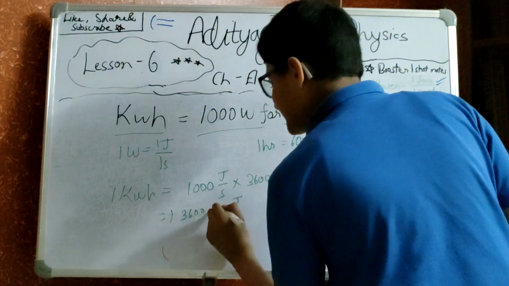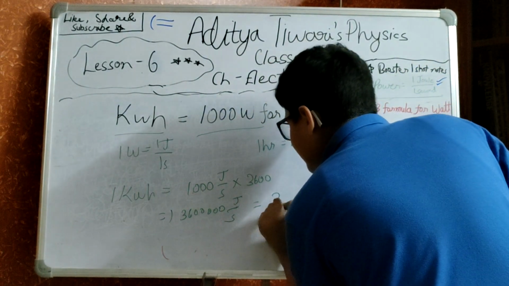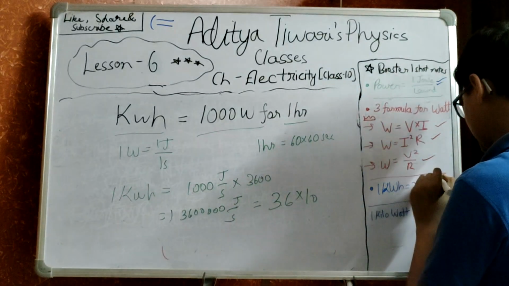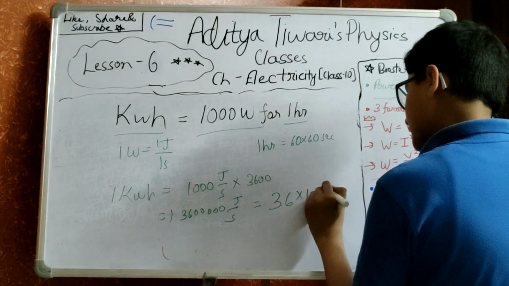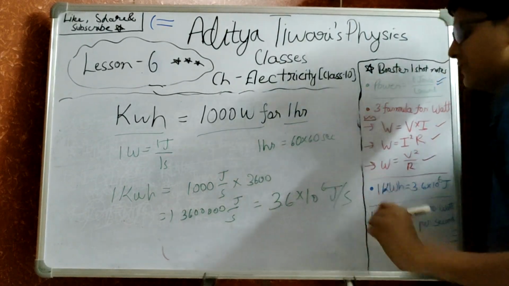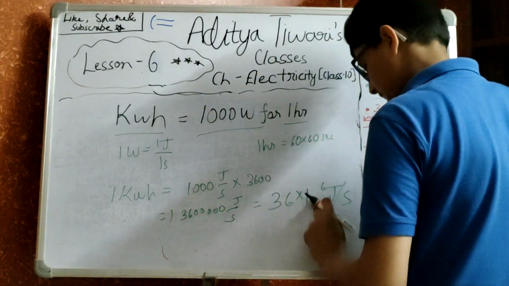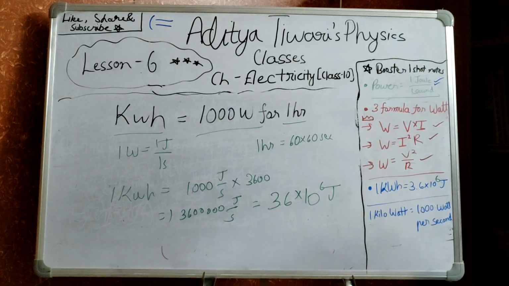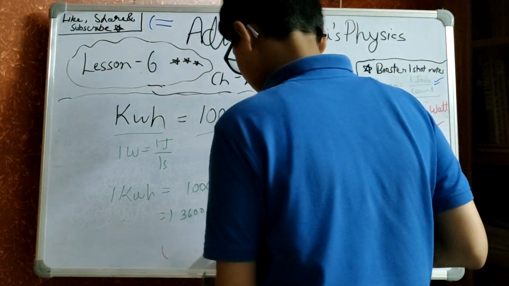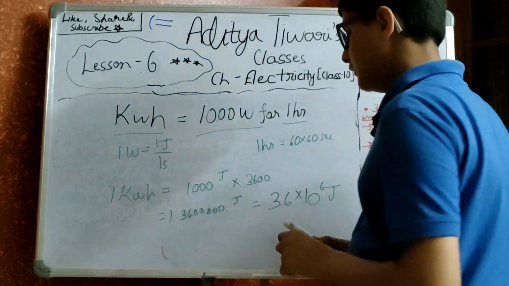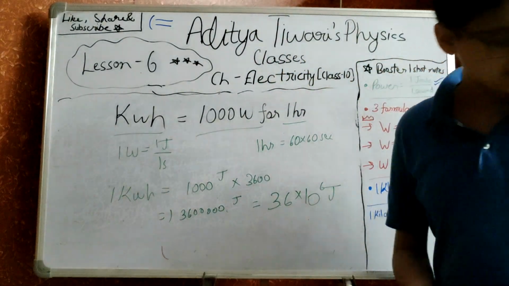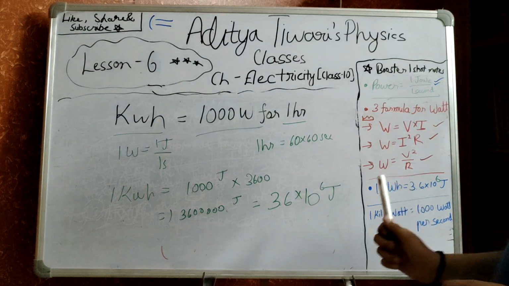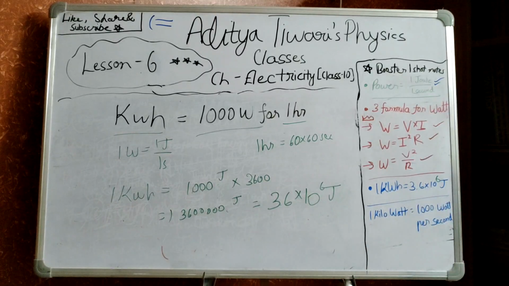Its answer comes out to be 3.6 times 10 to the power of 6 joules. Okay, so this is a very important conversion.